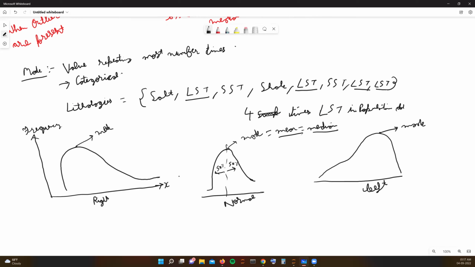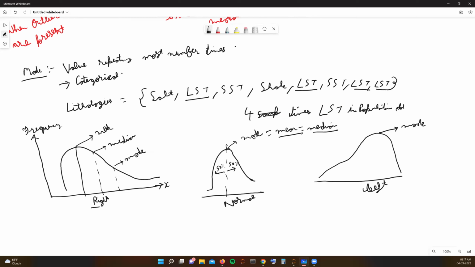But what will happen in right skew? This will be your mode, and somewhat here your median will be present. And as I said, small outliers can affect your mean values, so mean will be present somewhere here.